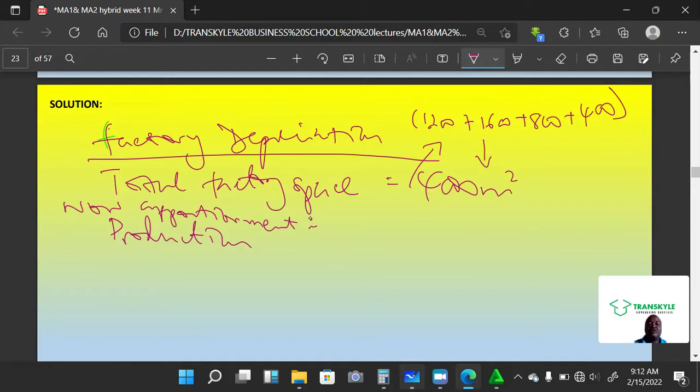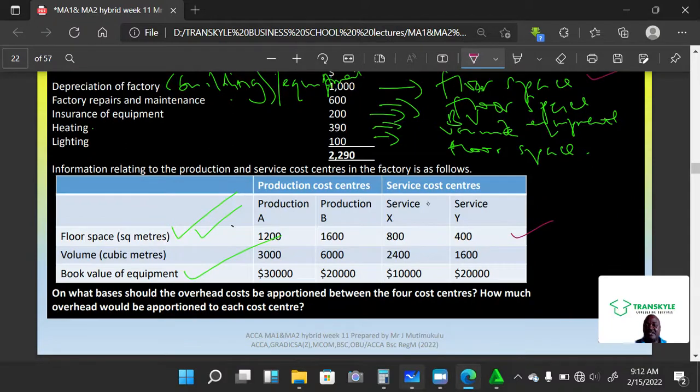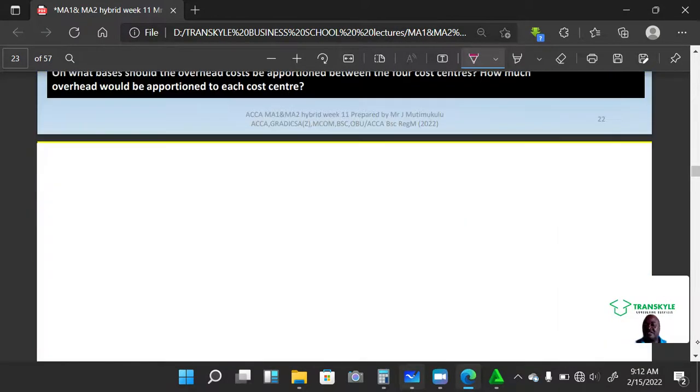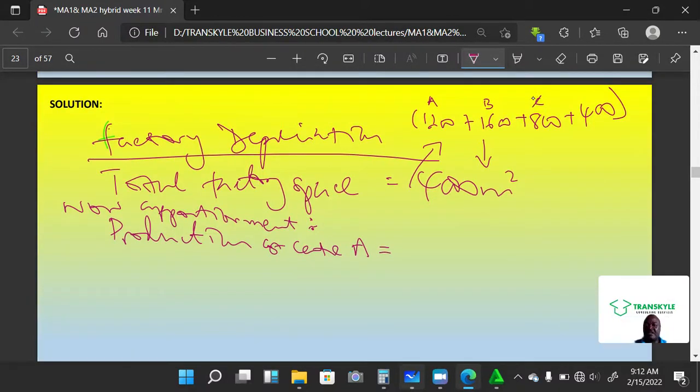Now apportionment colon, then production cost center A. We say that because 1,200 was for A, 1,600 was for B, and then there are sales cost centers, X and Y.